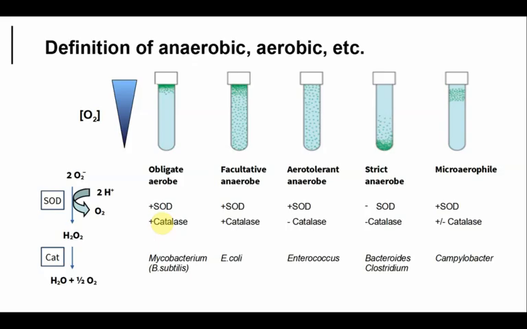So it's O2 minus, with one free electron. It's highly reactive, highly toxic. To detoxify this molecule, superoxide dismutase produces hydrogen peroxide, H2O2, which is much less toxic than the O2 radical, but still quite toxic.